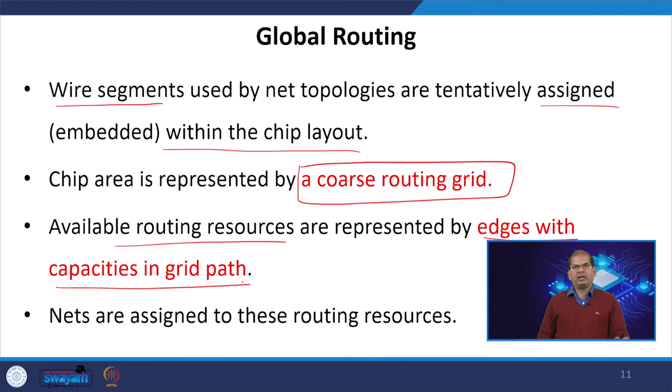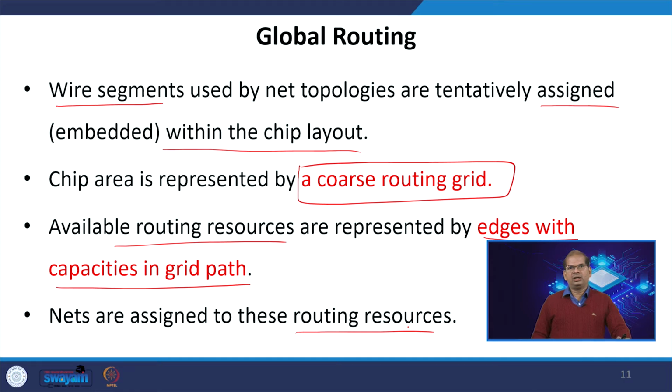So, whatever the routing resources are there, they will be represented by edges with the capacity. The capacity means how many lines can pass through that channel or the switch matrix, and that will also be available to the router. Okay, so nets are now assigned to those routing resources.